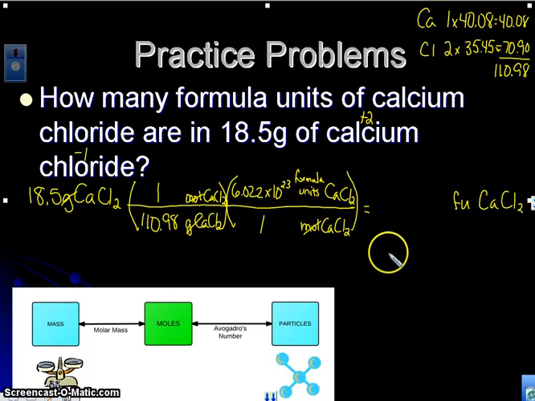And when you multiply that through on your calculator, you should be doing that right now, you should get 1.00 times 10 to the 23rd formula units of calcium chloride. Remember your sig figs. If you are having any questions, please come and see me for help on this.